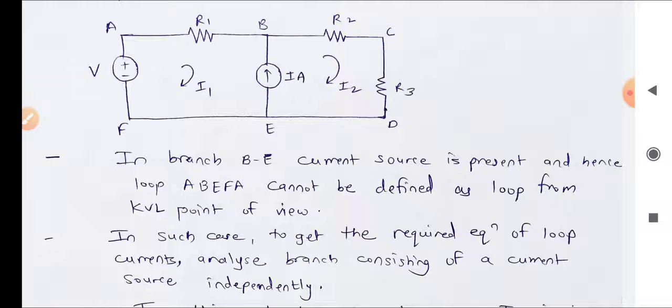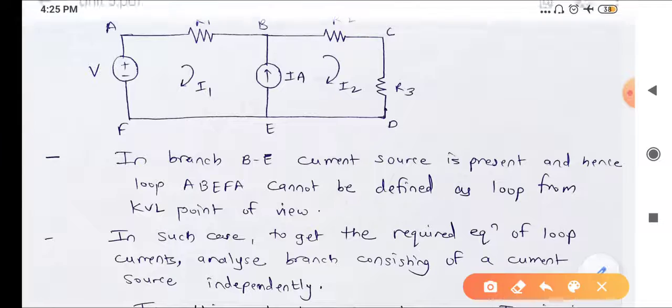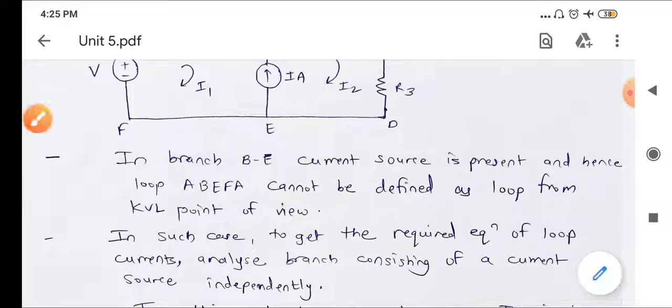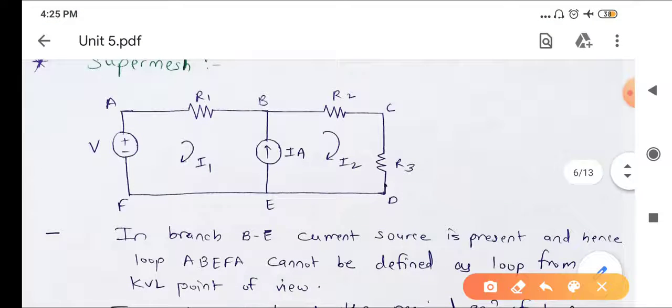By excluding this branch, the complete loop will be A, B, C, D, E, F, A. Considering this complete loop A, B, C, D, E, F, A, this is nothing but our super mesh, because we are excluding the branch BE.